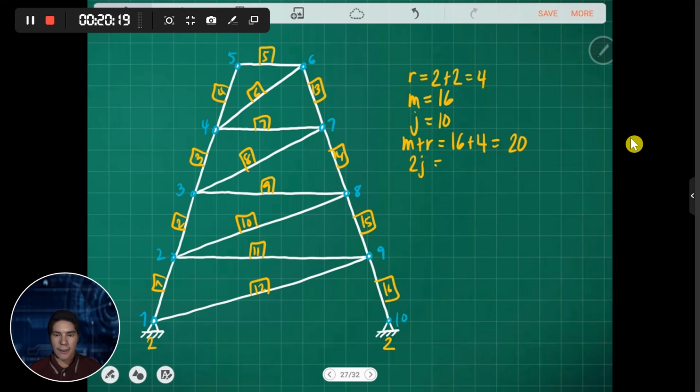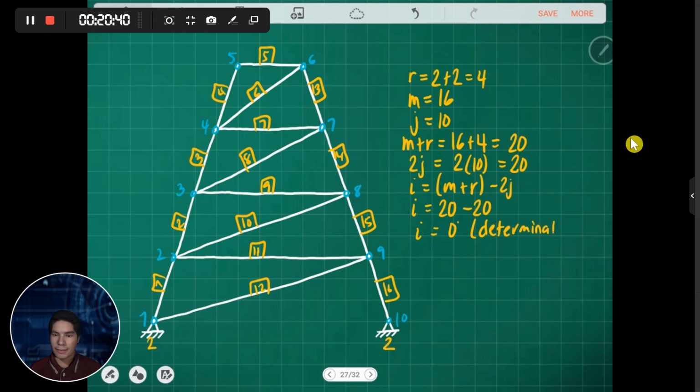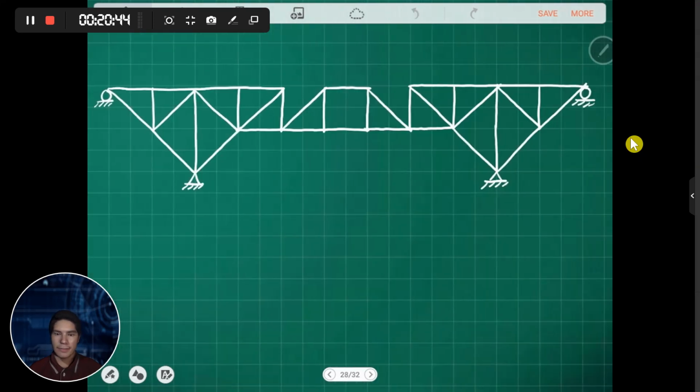And 2 joints, we have 2 times 10, so we have 20. So the degree of indeterminacy is m plus r minus 2 joints, so we have 20 minus 20, so I is 0 degrees, so that is determinate.